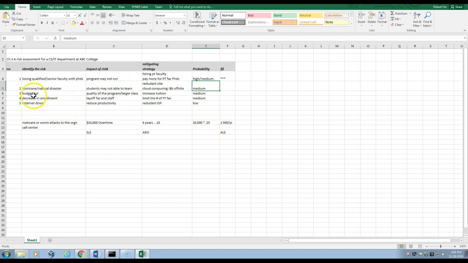Okay, budget cut, right? Well, since many colleges and universities depend on the budget from the state, how about if there is a budget cut? What can we do with that? What's the impact? Well, the quality of the program will deteriorate. Why?